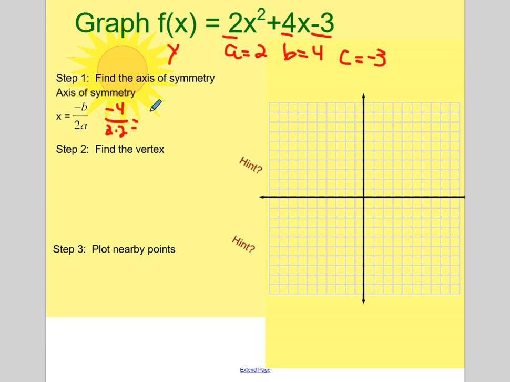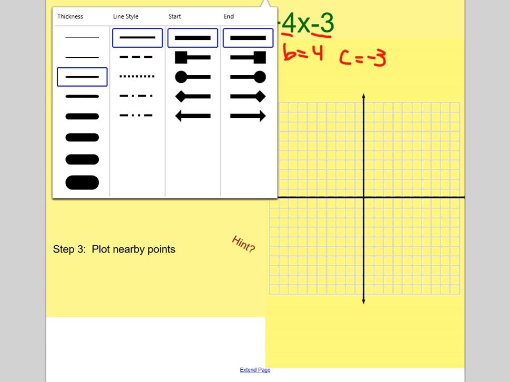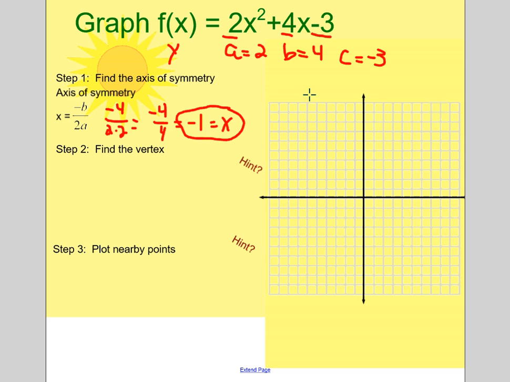Solve this out, so I have negative 4 over 4, which is going to equal negative 1. So this means that x equals negative 1, which is our axis of symmetry. This is where you have to start graphing. So I'm going to graph a line, and I'm going to use my little line tool so I don't totally mess this up.